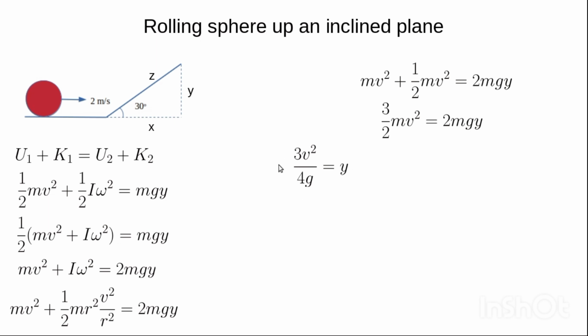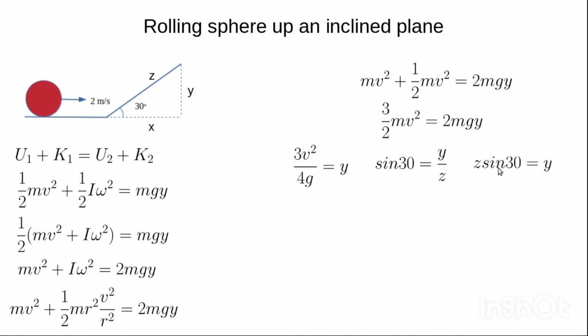Since what we are interested in is z, not y, we can write y in terms of z. That gives us sine 30, opposite over hypotenuse, sine 30 equal to y over z. So we can make y the subject, and that gives us z sine 30 equal to y.